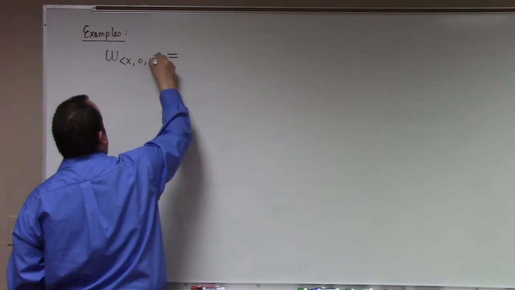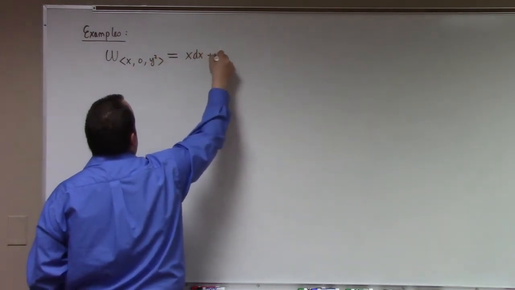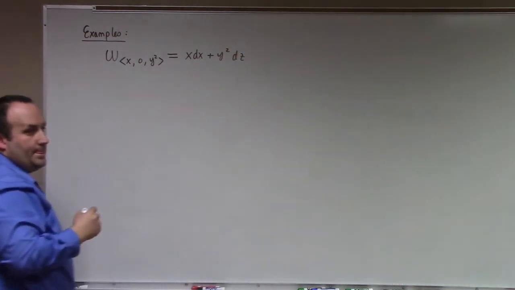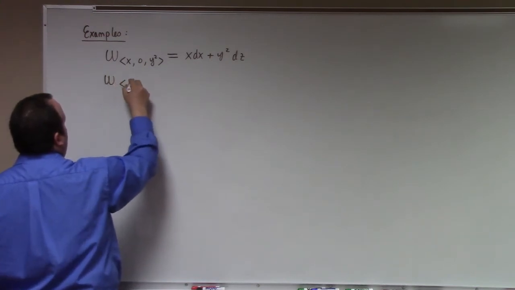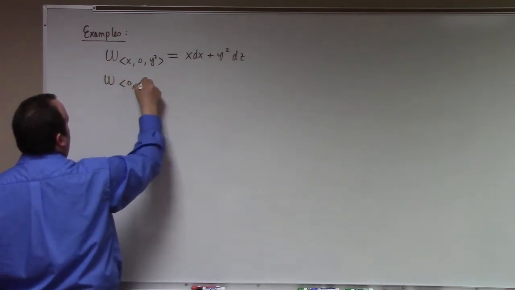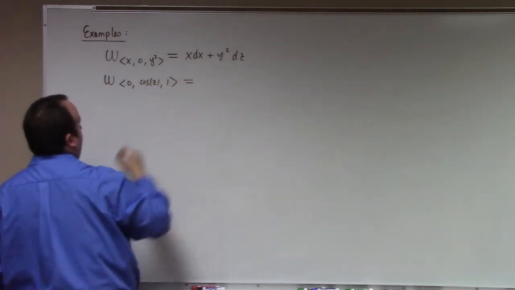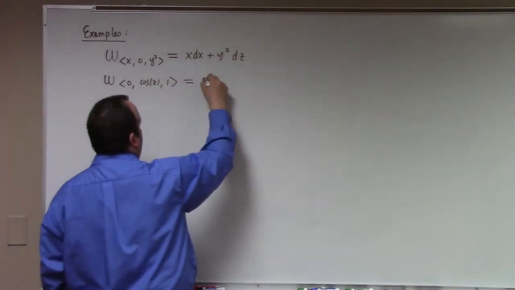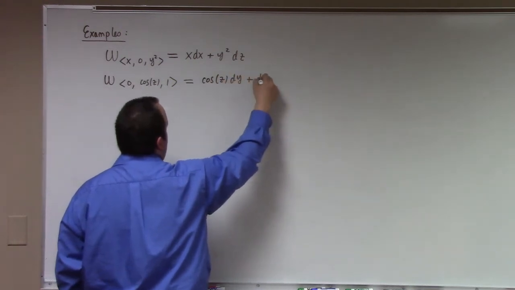There, that's more exciting. So we'd have x dx plus y squared dz. Or we could talk about the work form of 0, cosine of z, 1. The work form of 0, cosine of z, 1 would be cosine of z dy plus dz.